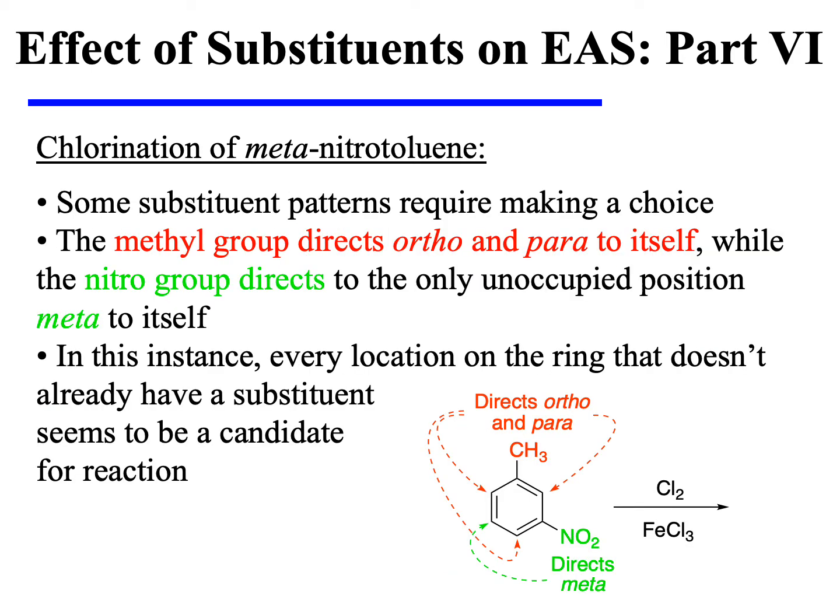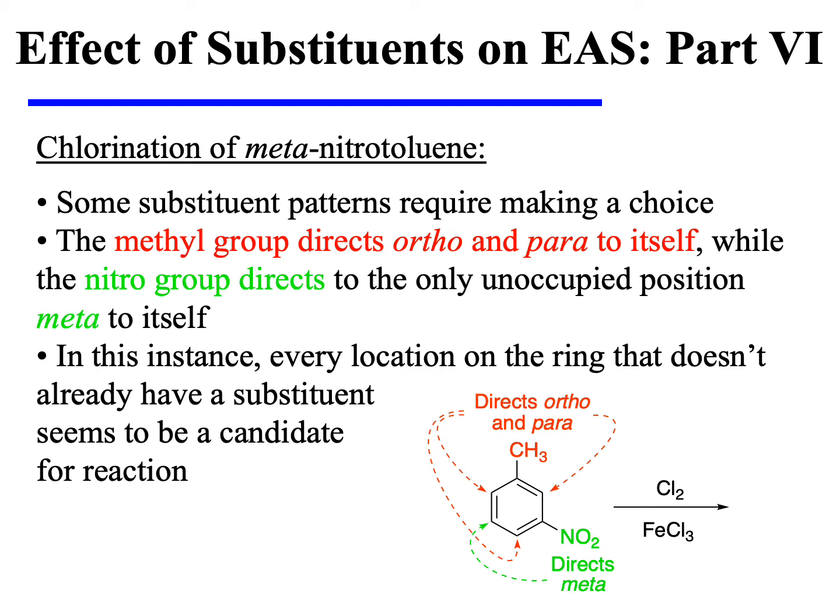Some substituent patterns require us to make a choice, though. These are more difficult cases. And an example of this situation is provided by the chlorination of meta-nitrotoluene, an isomer of the compound that we considered previously.